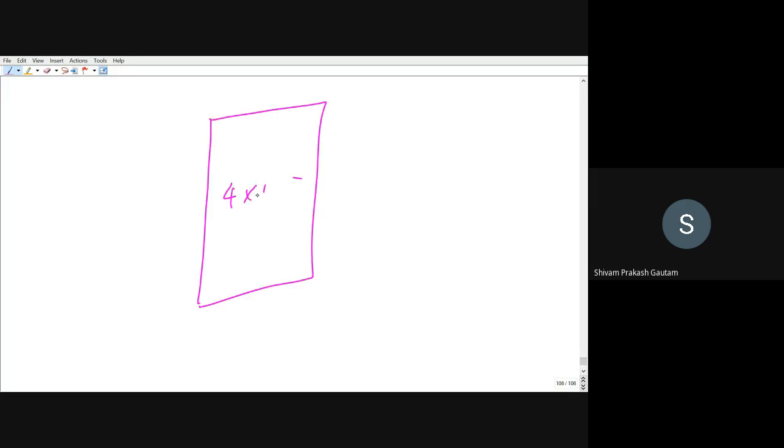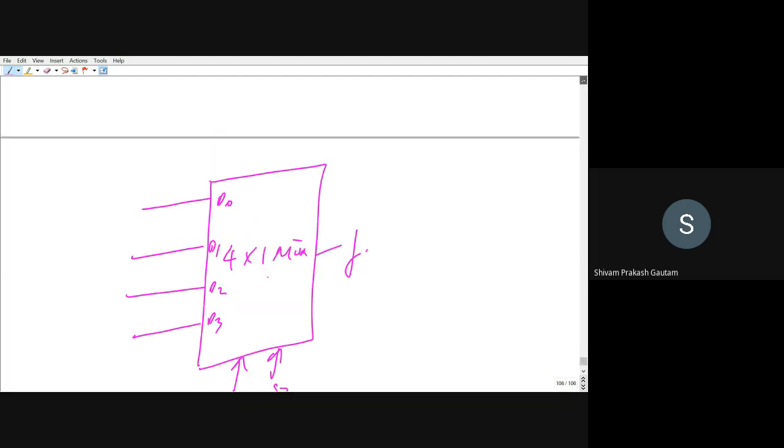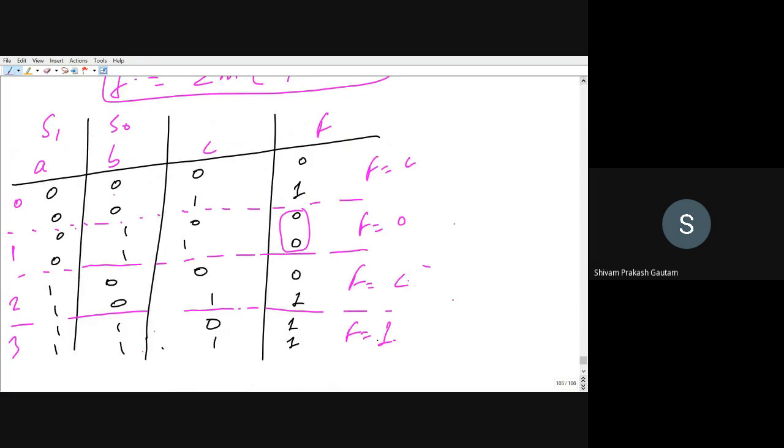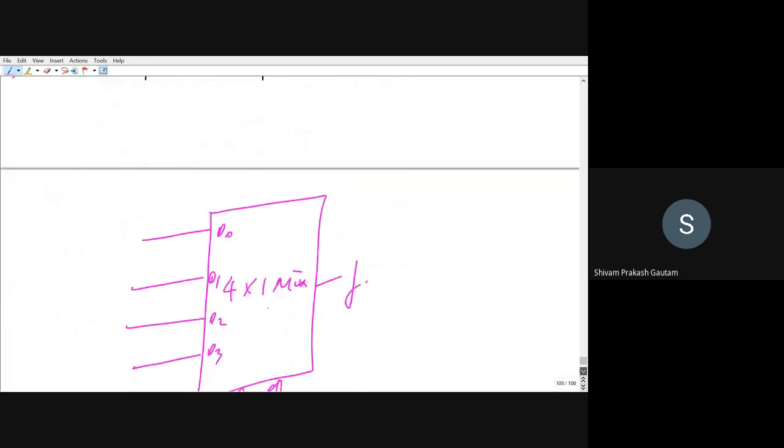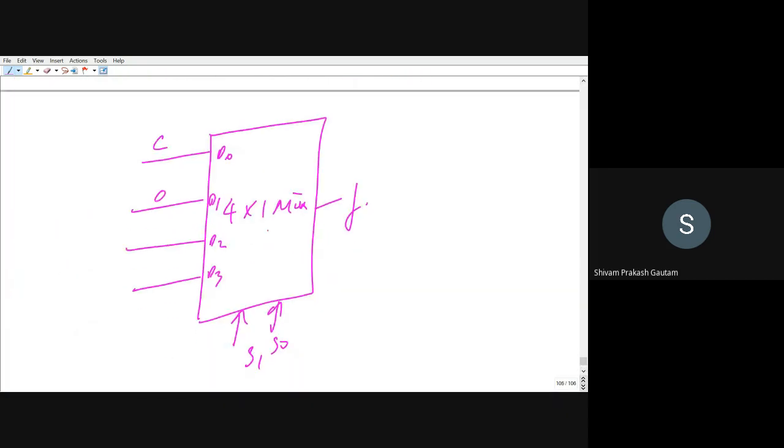So a 4 cross 1 mux, 4 inputs are there, D0, D1, D2, D3, and 2 select lines, S1 and S0, and the function. In D0, just check what is flowing. That is C0, C1. Or what you can do is write C here. So this line represents C, flowing like this.